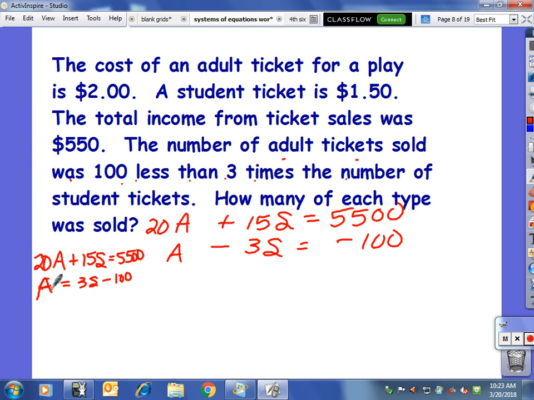I didn't get either one of those. Okay, first of all, let's make sure we got the same equations. Did you start out with 20a plus 15s equals 5,500? And then a, we moved the 3s over, so a minus 3s equals negative 100. Yeah, you got to watch out for your signs.